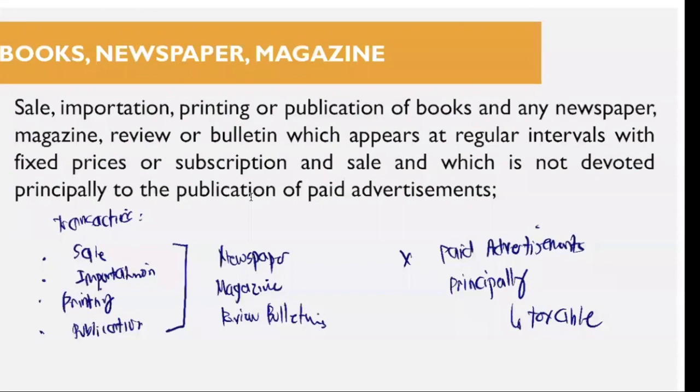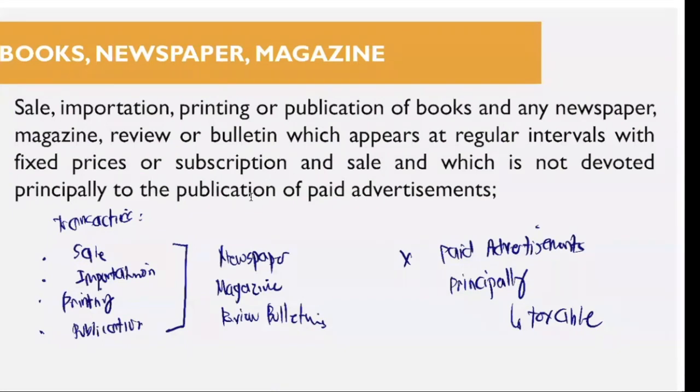If it's principally for advertisement, taxable. If not, it is considered exempt. Okay? So here, what are the transactions exempt? Apat. Sale, importation, printing, publication. Of what? Newspaper, magazine, or review bulletins. Take note of this. And we have an exemption here. Paid advertisements.